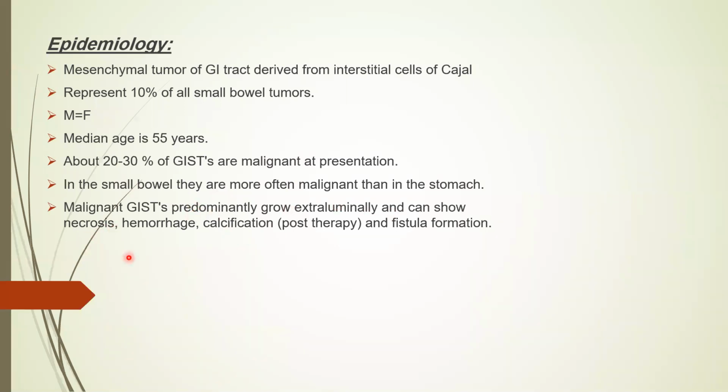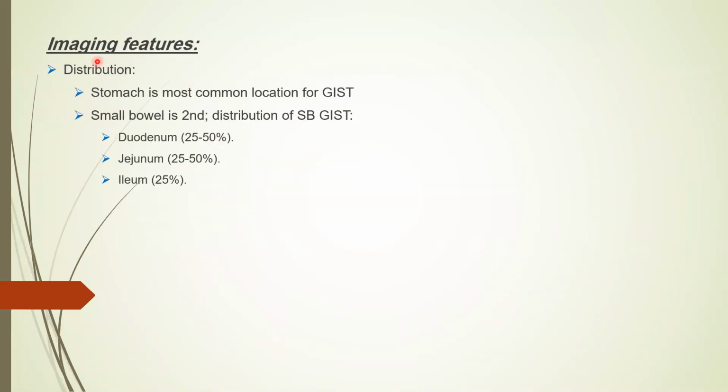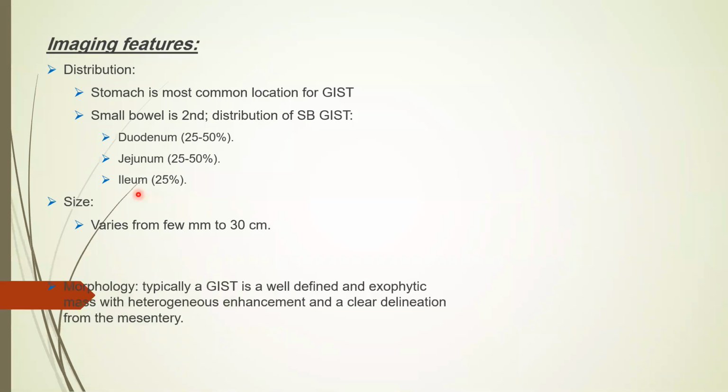I mentioned necrosis, calcification, hemorrhage, fistula formation. The most common site is the stomach, and the second most common site is the small bowel. In the duodenum and jejunum, it is more common than the ileum, 25 to 50% each. Its size varies from a few millimeters to 30 centimeters.